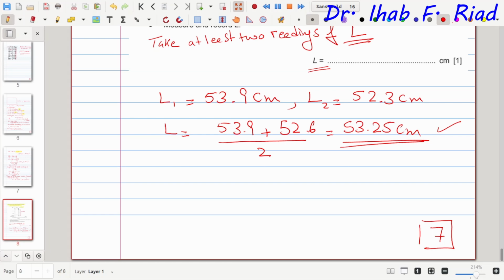We are going to do it like this. Delta L is equal to the maximum value minus the average.